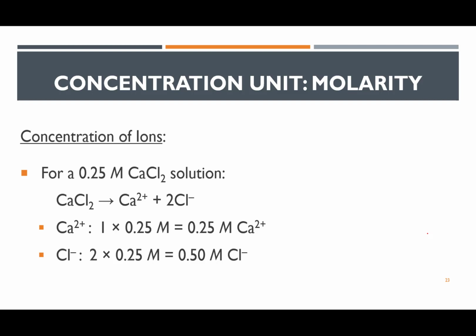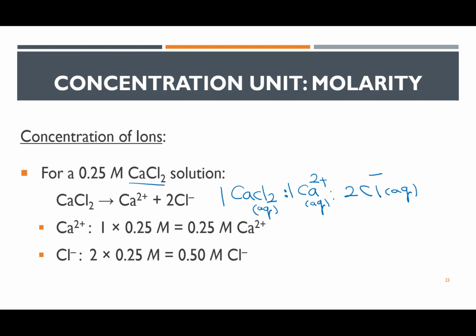For example, if you are considering calcium chloride, then 1 mole of calcium chloride is proportional to 1 mole of calcium ion and 2 moles of chloride ion, right? Let's write the state of it too.